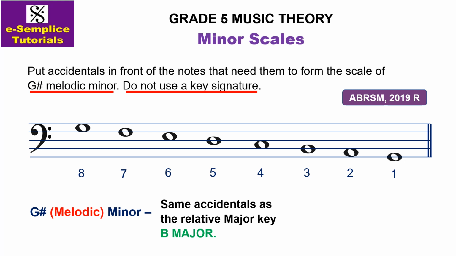G sharp melodic minor will have same accidentals as the relative major key, which is B major, and the accidentals will be F sharp, C sharp, G sharp, D sharp, and A sharp. So let's just add the accidentals to the notes.